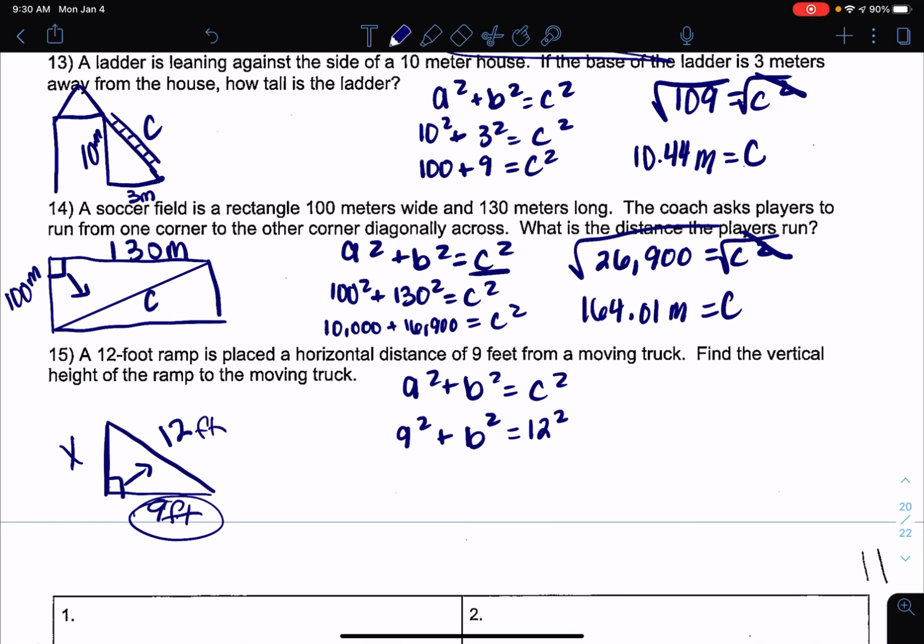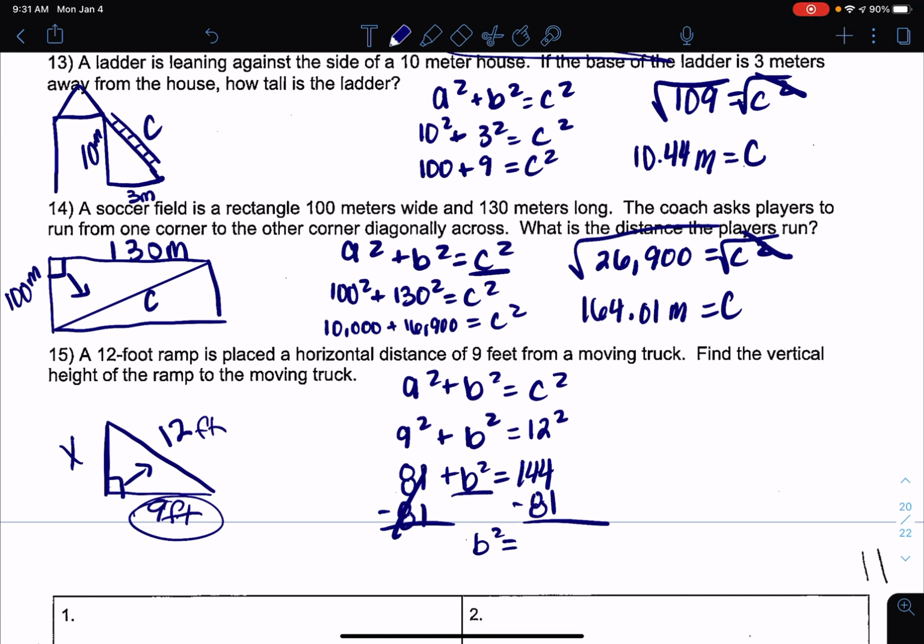Simplifying my exponents, I have 9 squared, which is equal to 81, plus b squared is equal to 12 squared, which is 144. I still have to get b by itself, so I'm going to subtract 81 on both sides. Okay, b squared is now by itself because 81 minus 81 is just 0.